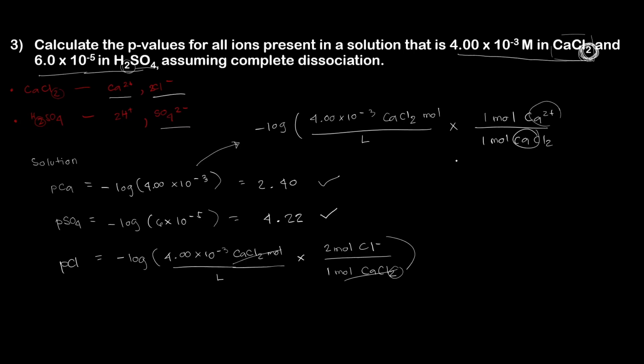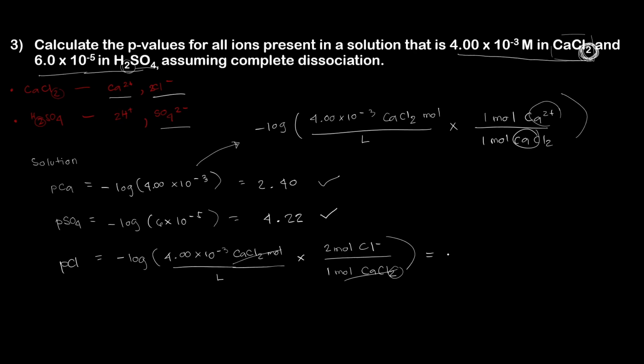Because there is only one calcium, there is actually no need to do this, because this is simply a 1-to-1 ratio, so it's like multiplying it by 1. Okay, so for the case of chloride, this has two chloride ions in one calcium chloride, as you can see here. So it needs to be multiplied by 2. So that's why there is more step compared to this. You can just directly put it in negative log and something for its concentration.